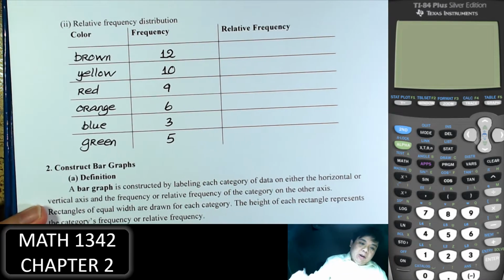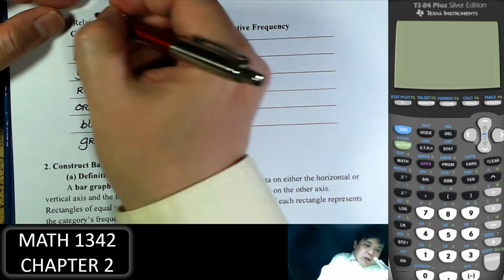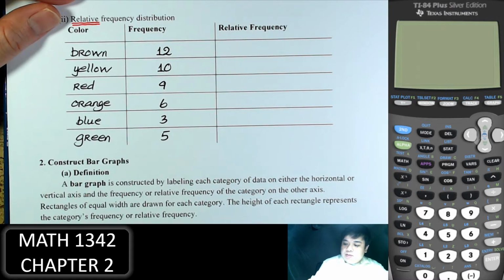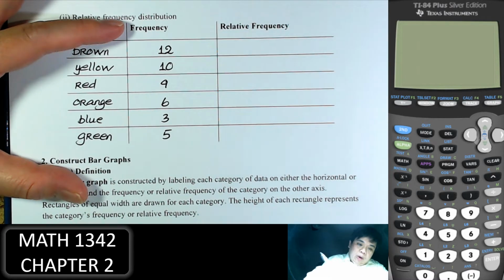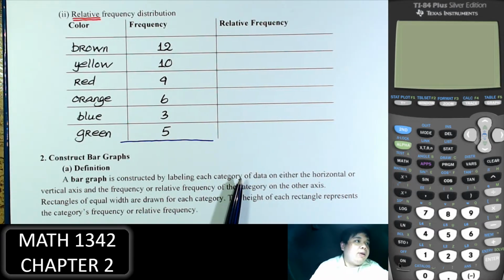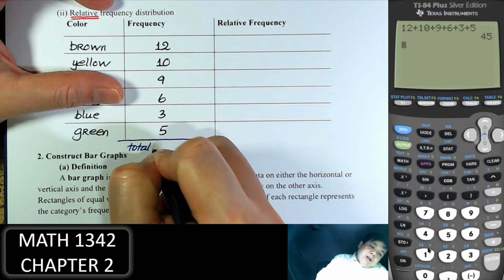What we do is add all of this up: 12 plus 10, 9, 6, 3, and 5. We have 45, so the total is 45.